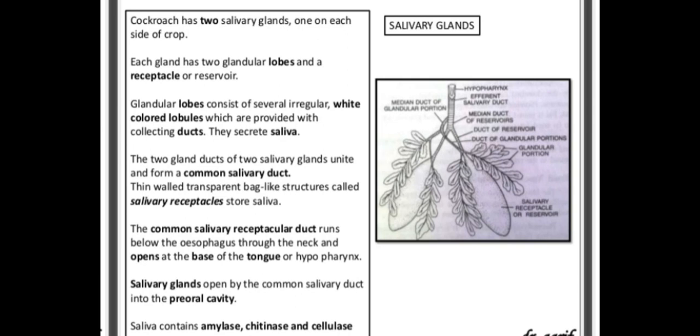Cockroaches have antennae which enable them to know about their surroundings. These antennae have sensory setae which not only make them aware of the objects around them but also of the food available around them.